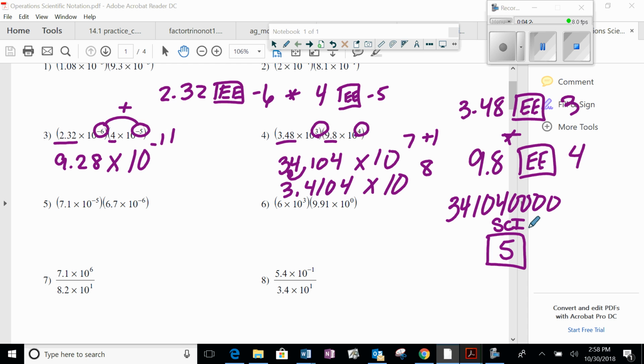Okay, if it's in green, that means you have to hit the green button first. So once you have the standard form long number, hit second and the number 5. It puts it in scientific notation. Okay? So the second, number 5, puts it in the scientific notation and tells you what your exponent is going to be. Okay? Questions?